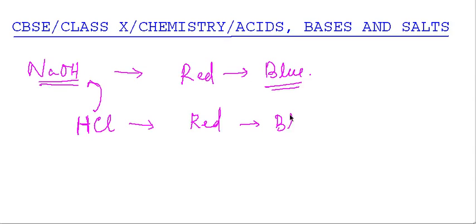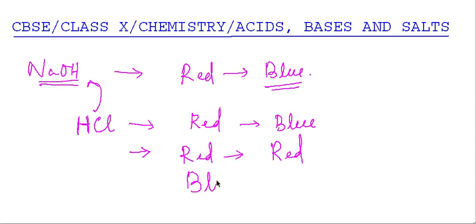So it will turn to blue. After some time, some amount of HCl is already added to the sodium hydroxide. Then you will observe red remains red and blue also will remain blue.